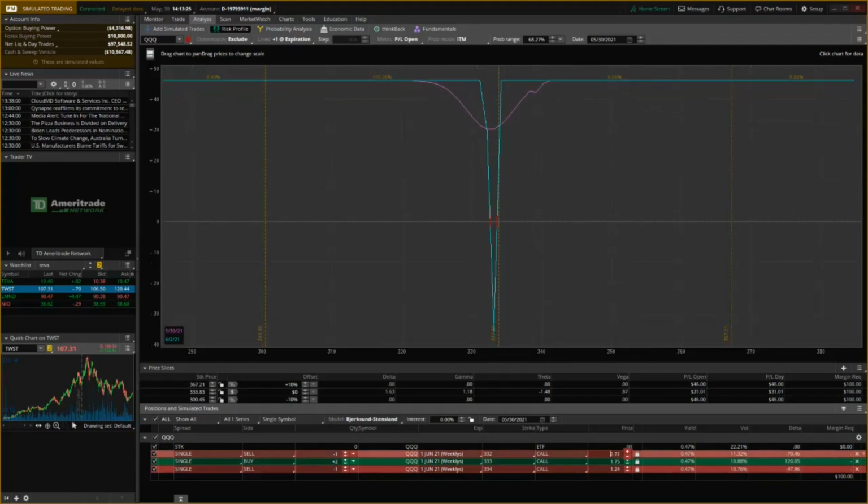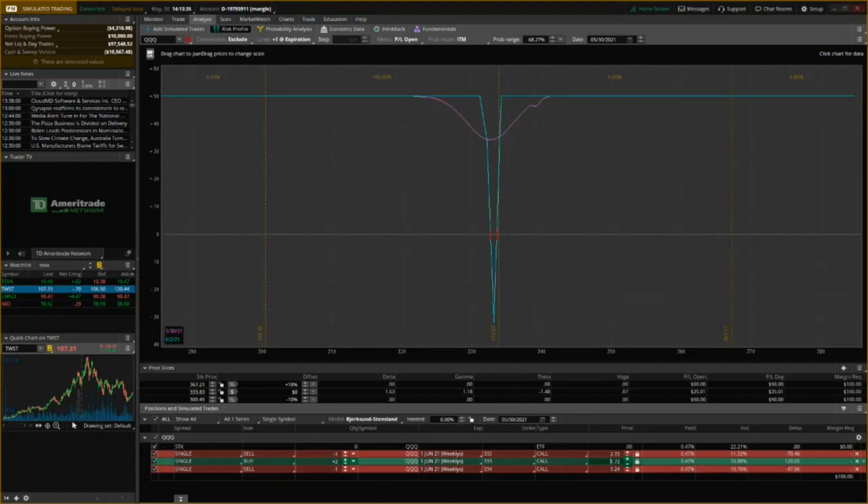And of course, on the other side, if we manage to buy those two call options at a cheaper price, it has the same effect. So all in all, we need to sell high and buy as low as you can.